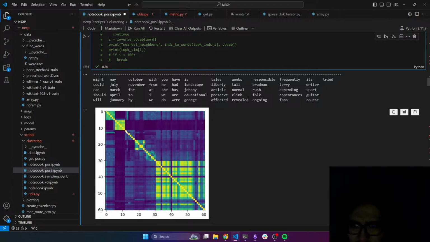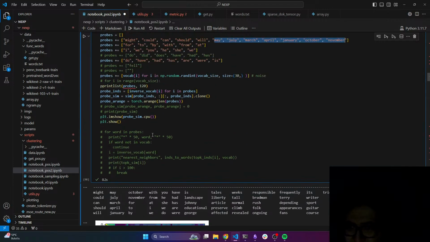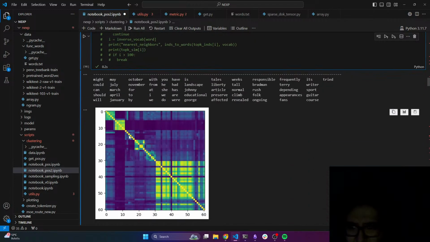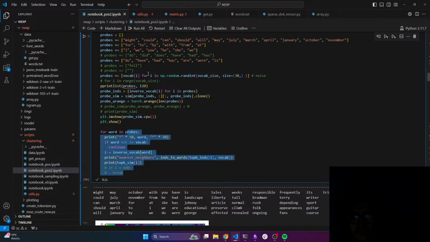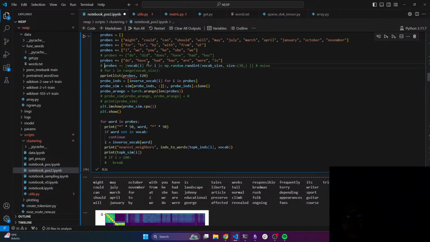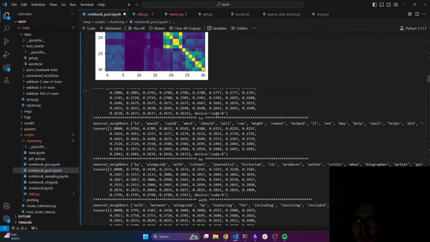Now this cluster suddenly is not very clear anymore. The function words. This is also interesting. Why? Why the function words to, would, could? Why? Huh?